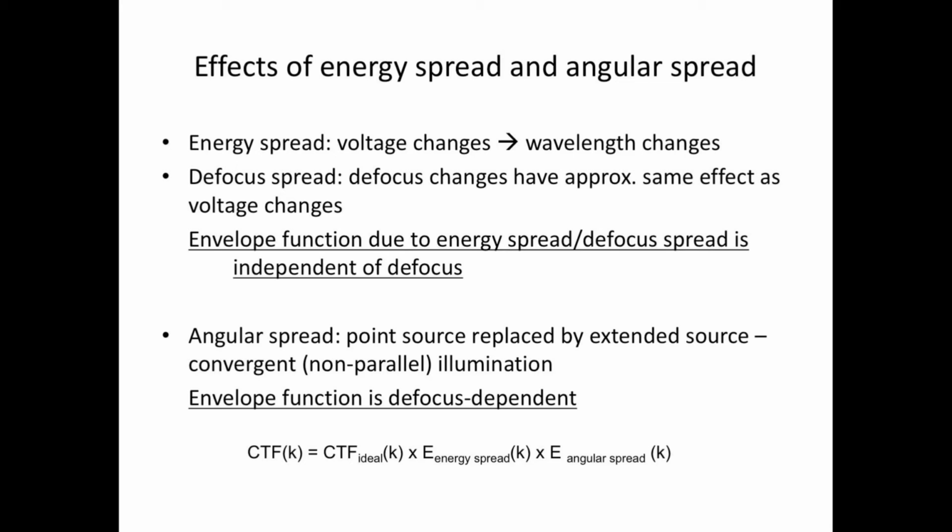All these effects are rather small in today's microscopes because we are using field emission guns, which have very high brightness and which allows us to eliminate most of the extension of the source and really focus on one single source point.